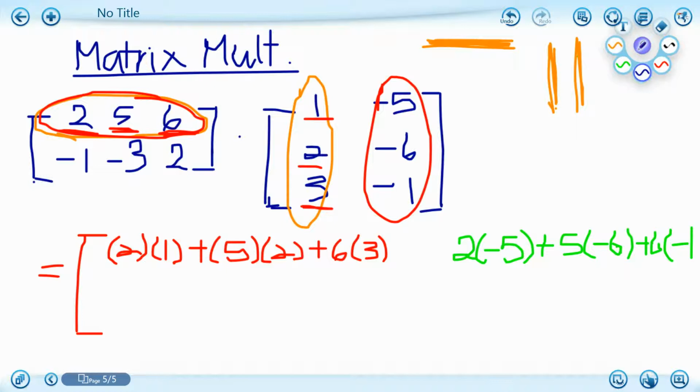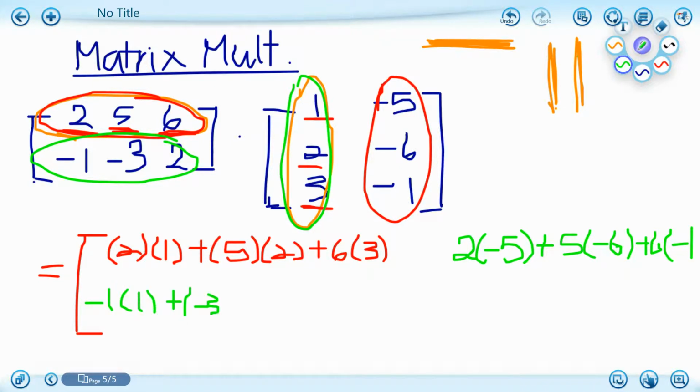Now let's move on to the second row. So we have this one right here. Same thing. Second row, first column, so negative 1 times 1 plus negative 3 times 2 plus 2 times 3. Now the same thing happens. This one times that one right here.